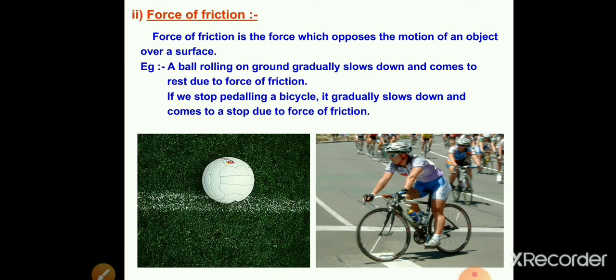In the examples we have taken, the rubber ball and the bicycle were in contact with the surface of the earth. So the frictional force was present between the rubber ball and the surface of the earth. In the case of the bicycle, it was the bicycle wheel in contact with the surface of the earth, due to which the frictional force was present.